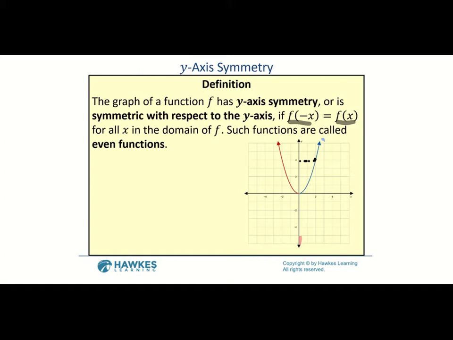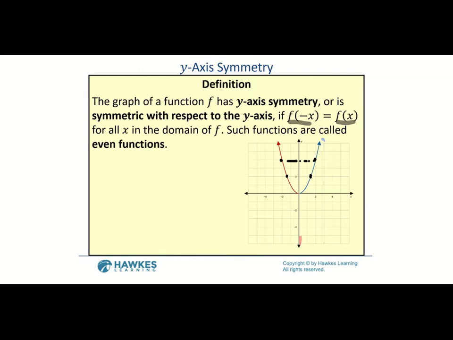Now, if x is the opposite of 2, or negative 2, y is still 4. And again, approximately negative 1.5 and 1.5 both equal 2.